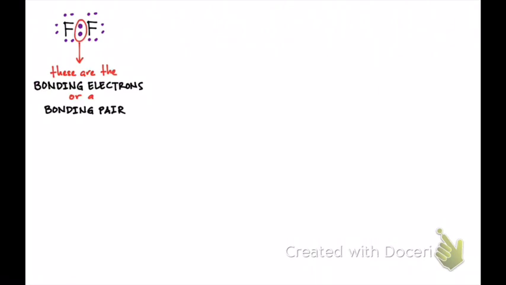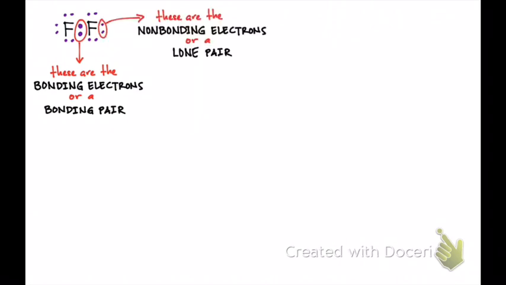Okay, so we'll take a look at that right here. So we have this pair of bonding electrons, and we call this a bonding pair. So any bonding electrons are known as a bonding pair of electrons. And this is basically what a single bond is. And the electrons that are not involved in bonding are known as non-bonding electrons, aka lone pairs of electrons.